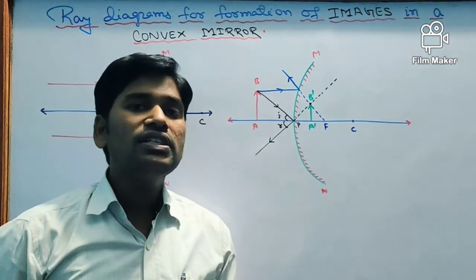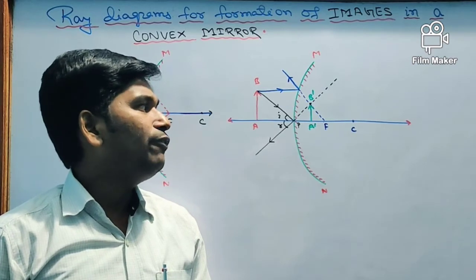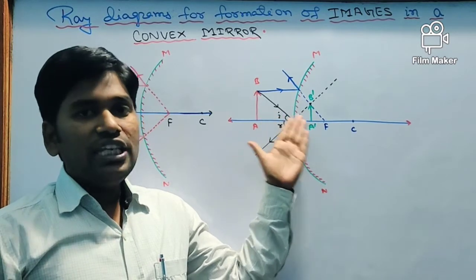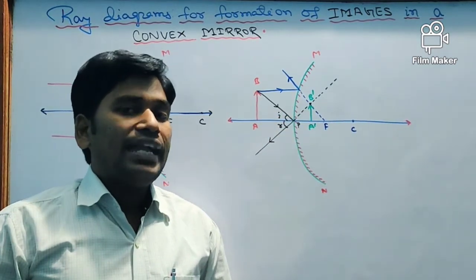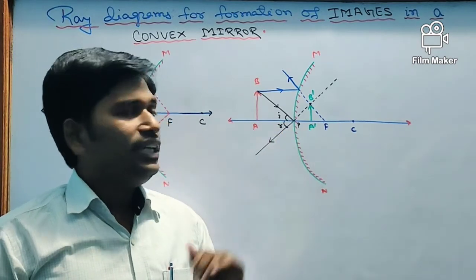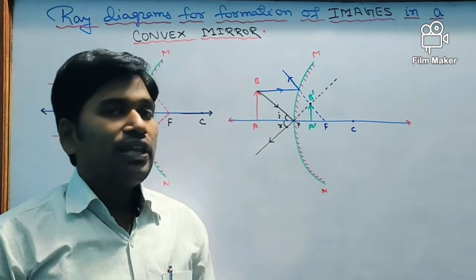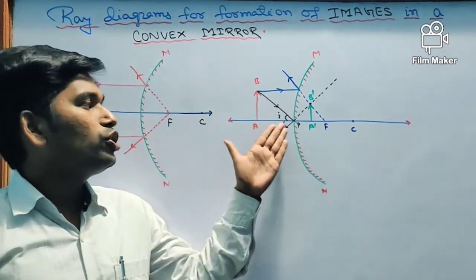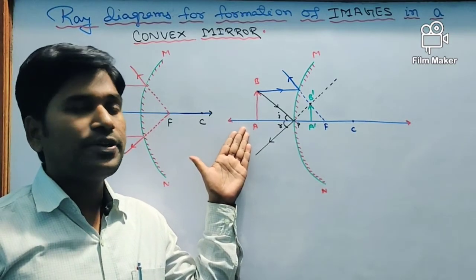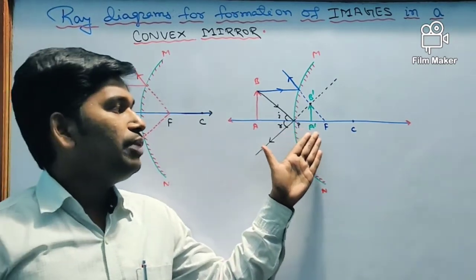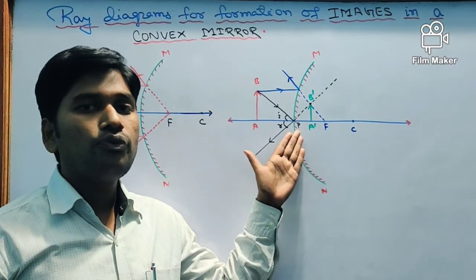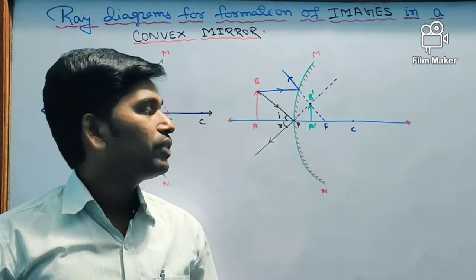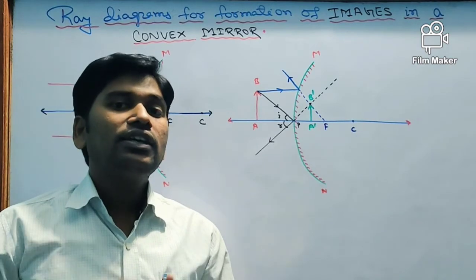So image formed is between pole and focus. The image formed is virtual and erect. The size of the image will be smaller than the object. So in this we can say position of object in front of mirror, position of image between pole and focus, nature virtual and erect, size smaller than the object.